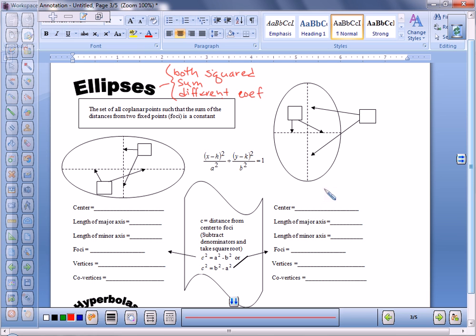All right, so this one is elongated horizontally. So whatever is under our x, the square root of that, gives us our distance from the center to the endpoints of this axis. And when it's elongated horizontally, that axis is called our major axis because it's the bigger one. And so that distance would just be the square root of a squared, so it's considered a.